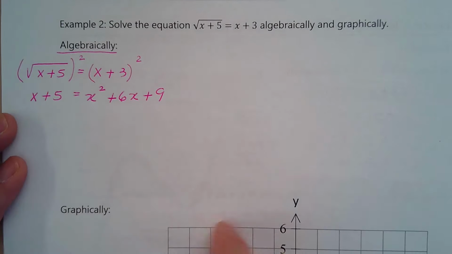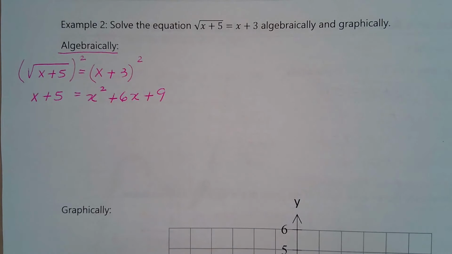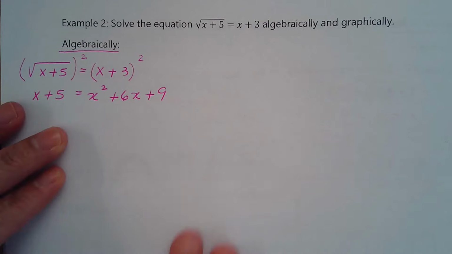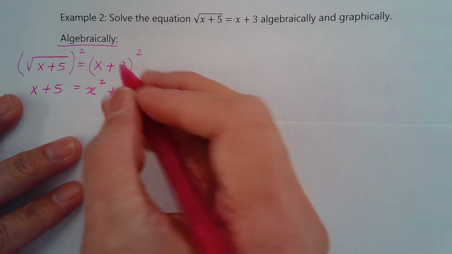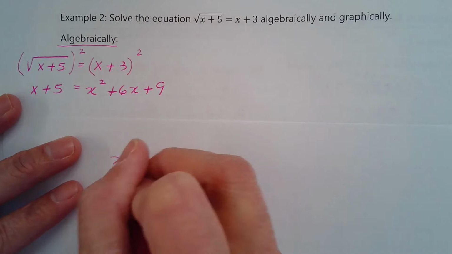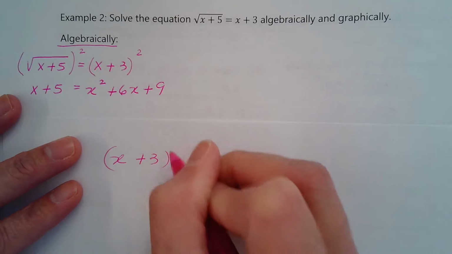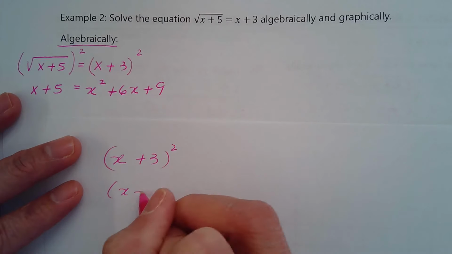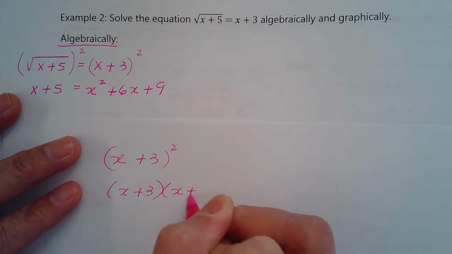Yeah, that's a good question. Why, right? I'm just going to focus on this one here. If you're not sure what that is, x plus 3 squared means x plus 3 times x plus 3.